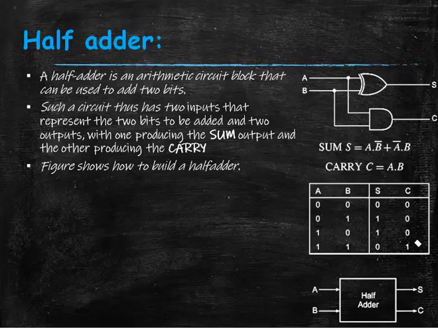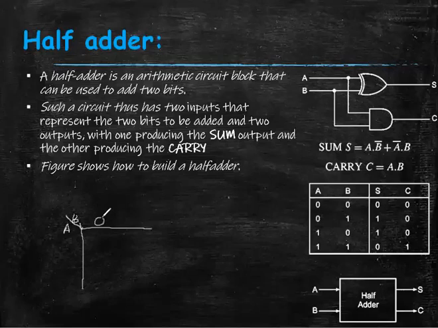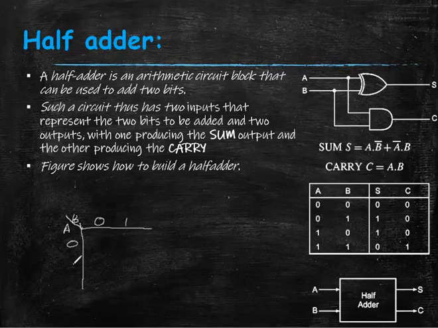We can also obtain it from a K-map. When we draw a K-map of 2 variables, we write A here and B here, and B has two values 0 and 1, and A has two values 0 and 1.